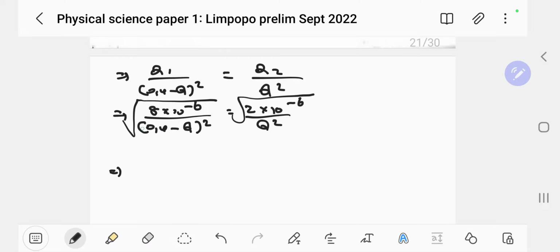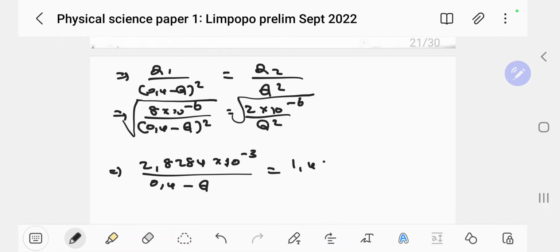So let's see, square root of 8 times 10 to the minus 6 is what? So it is 2,8284. We can throw the rest away. Times 10 to the minus 3 over 0,4 minus d equals, let's do the square root of 2 times 10 to the minus 6, which is 1,414.